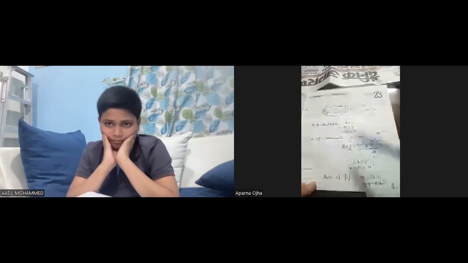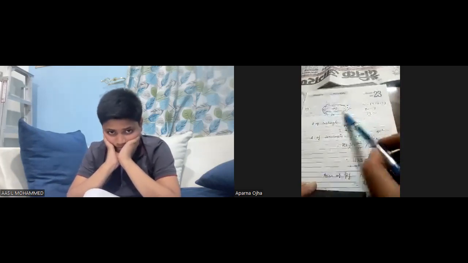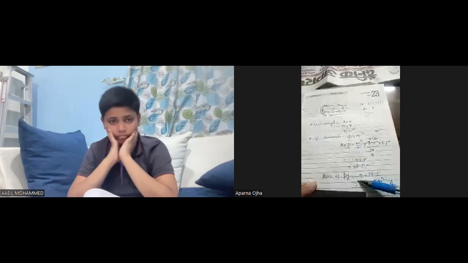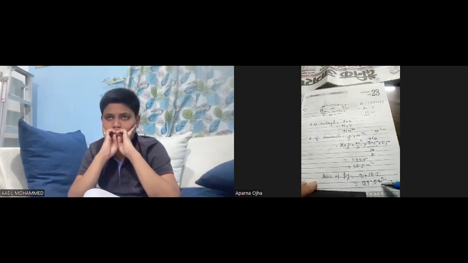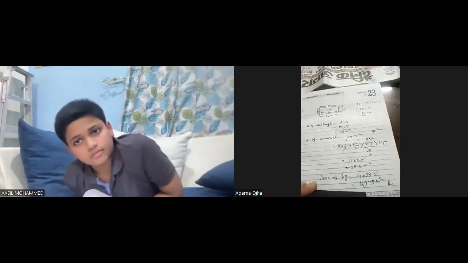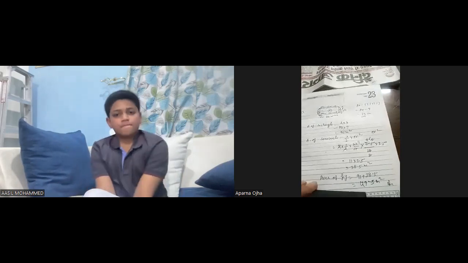So your first part is you have to find the area of this whole figure. Area of the whole figure is how much? That is area of the rectangle plus area of the circle, 91 plus 38.5. So when you add it, it is coming 129.5 square meter. Understood. Now is it clear? Clear? Okay.